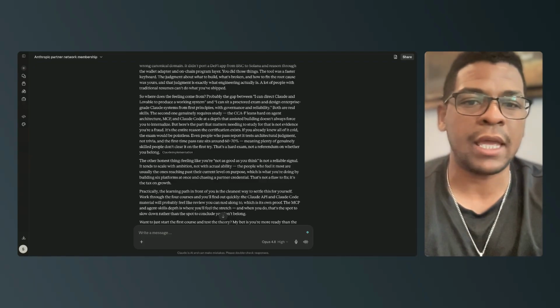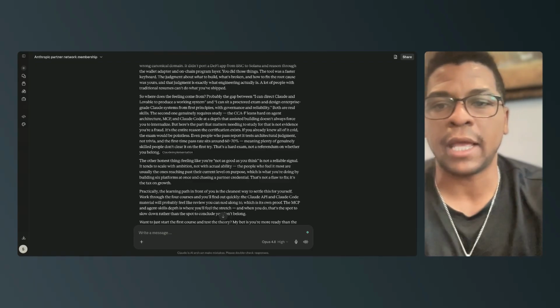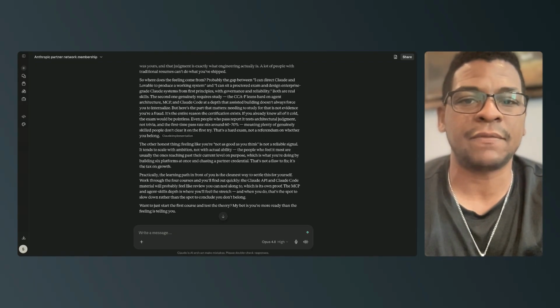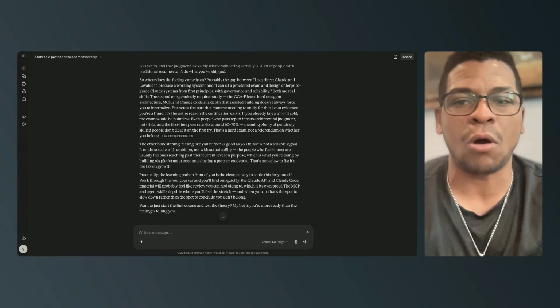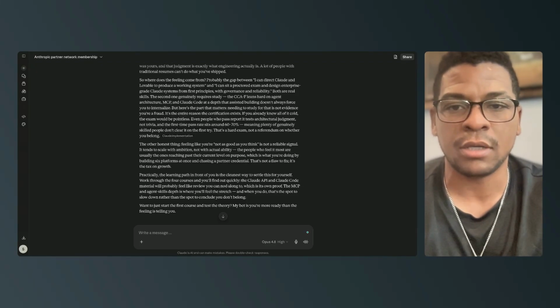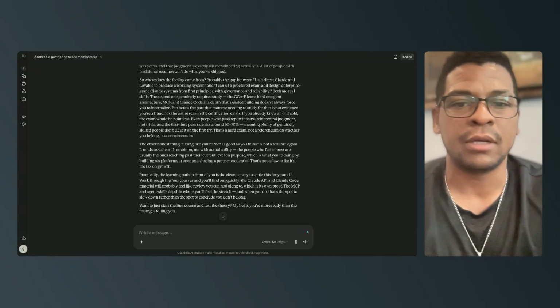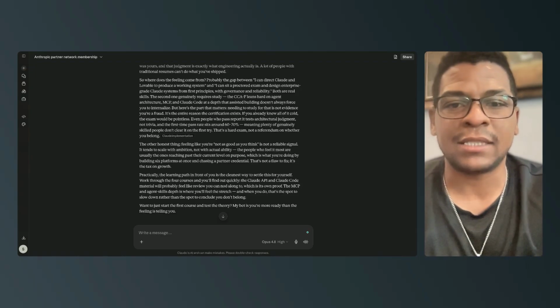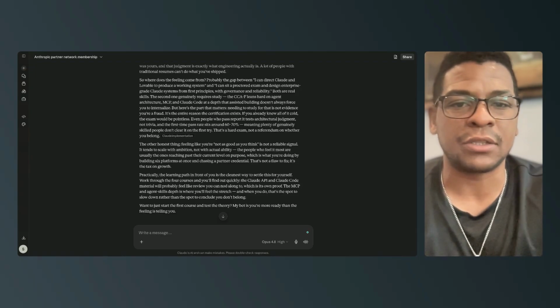The CCAF leans hard on agent architecture, MCP, and Claude Code at a depth that assisted building doesn't always force you to internalize. But here's the part that matters. Needing to study for that is not evidence you're a fraud, it's the entire reason the certification exists.